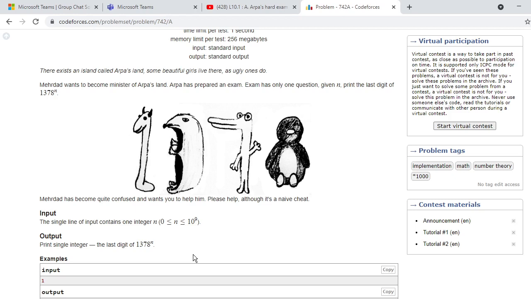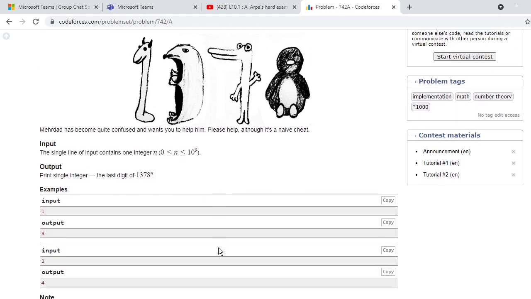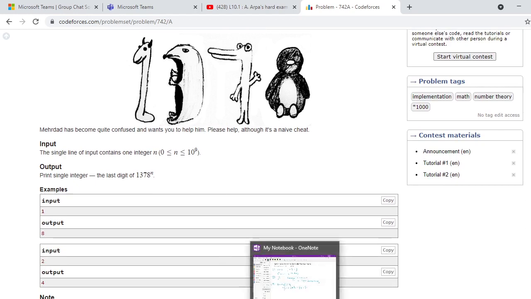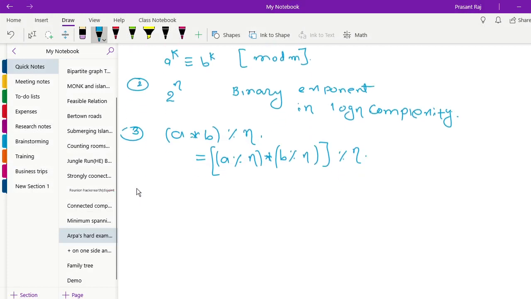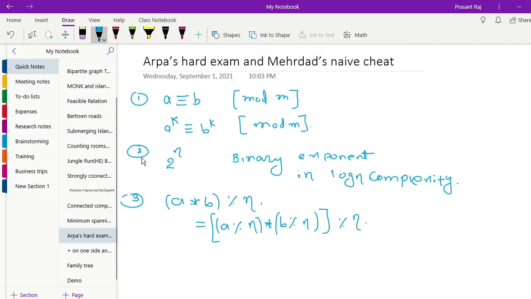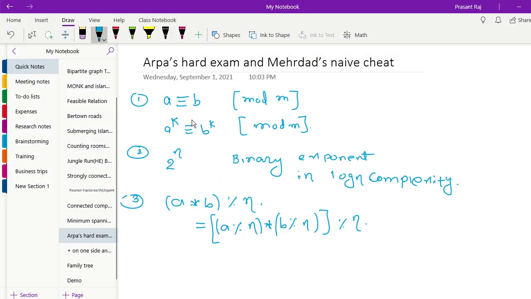For that we have to use the congruency relation of modular arithmetic. So let's come to that concept. We will be discussing three concepts. First is the congruency relation.